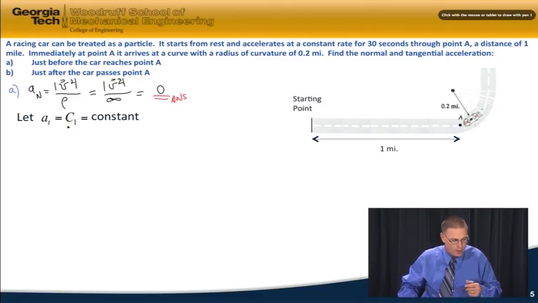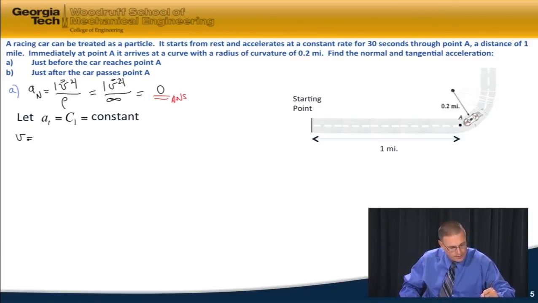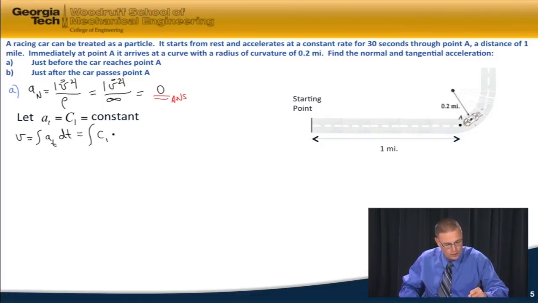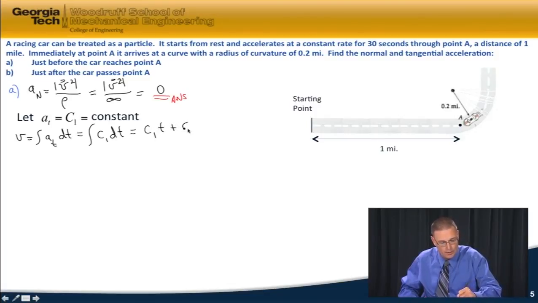So let's start with taking that tangential acceleration, which is unknown, and integrating it to find the expression for velocity. So we know that velocity is the integral of acceleration tangential, which is the integral of C1 dt, or C1 times time plus some constant of integration C2. How do I find that constant of integration C2?